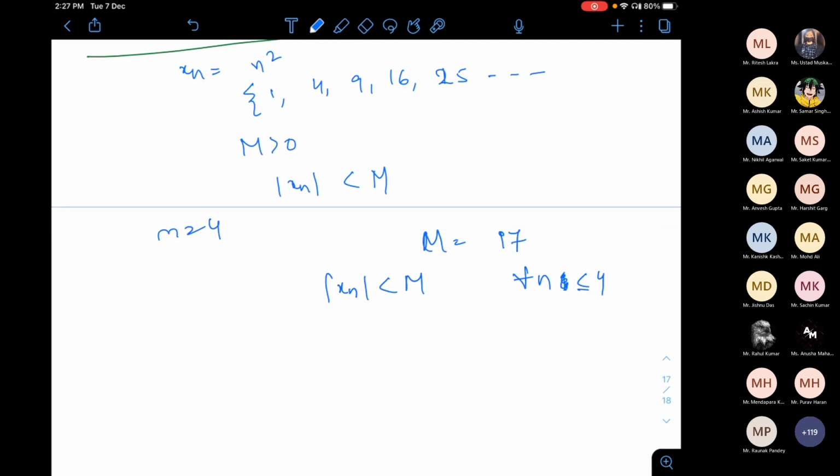Even I can define m to be this, and always xn is less than m, but this m is dependent on n.